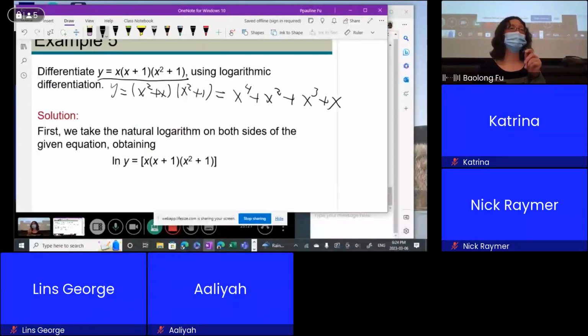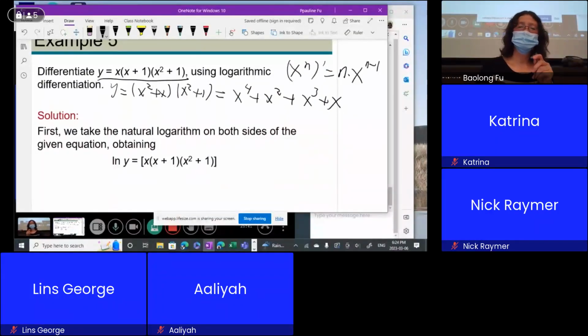You expand the original expression, then you use x raised to power n derivative equal to n x raised to power n minus 1. So derivative of y equal to 4x cubed plus 2x plus 3x squared plus 1.